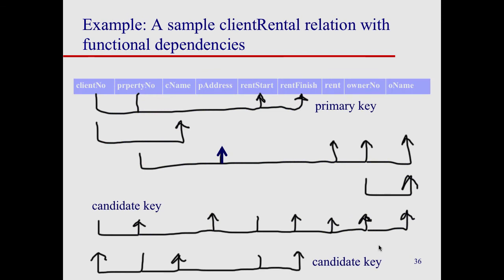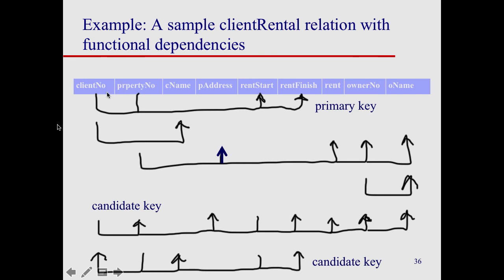So we have this. Now, we say that these two dependencies right here are partial dependencies in this case because property address, rent, owner number, and owner name, it's true that they depend on both client number and property number, but they actually depend only on property number.